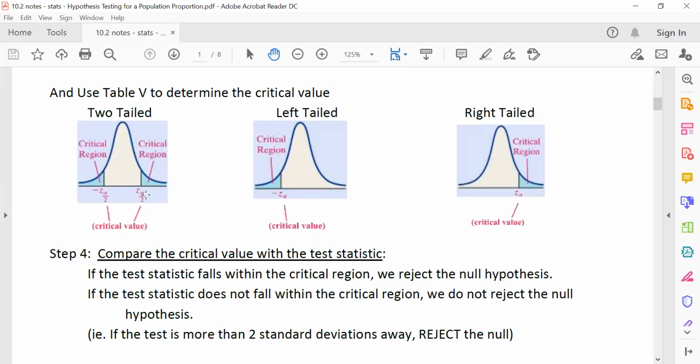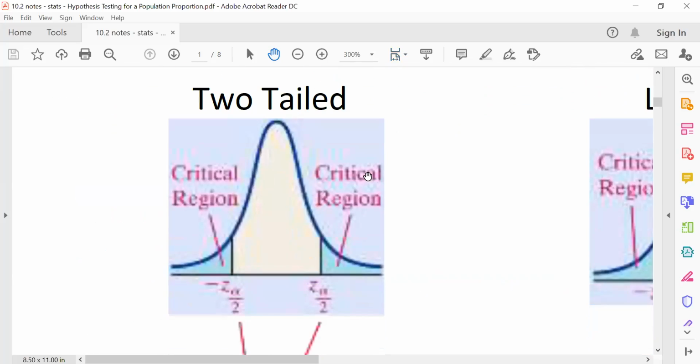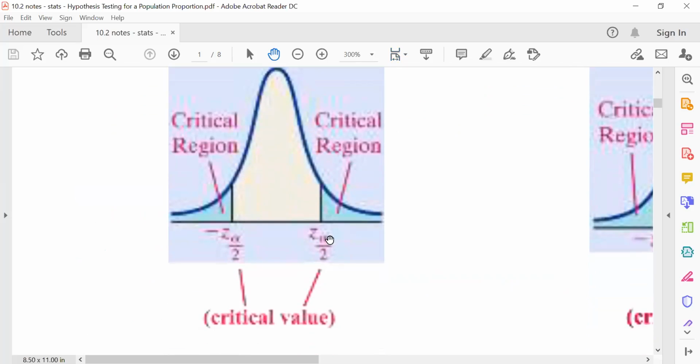In a two-tailed test, you're going to use your alpha. Let me zoom in on this. You're going to use your alpha. This is z alpha over 2 to determine the z-score on both sides, so that the critical region in total is alpha.